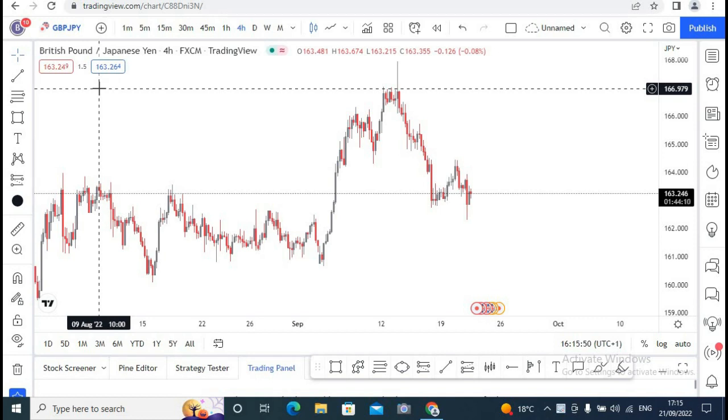So guys, in today's video I'm going to share with you my secret formula which I use on my daily basis of trading when I am looking for a scalp or a swing trade in the market.